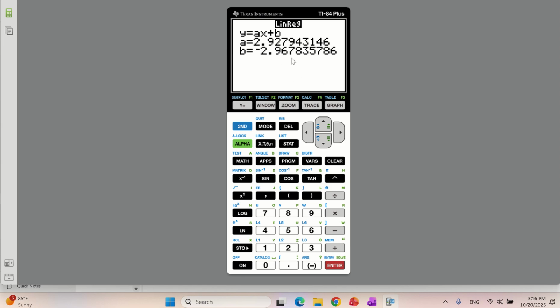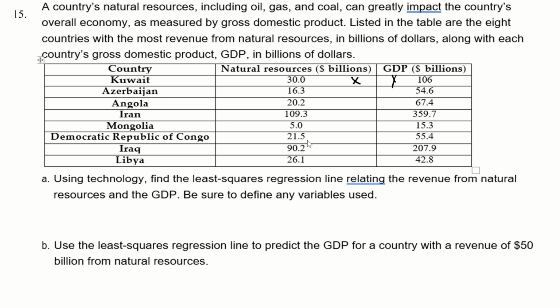So negative 2.967 plus 2.9279x, okay? So that's how it's going to look like. All right, so let's go ahead and do that.